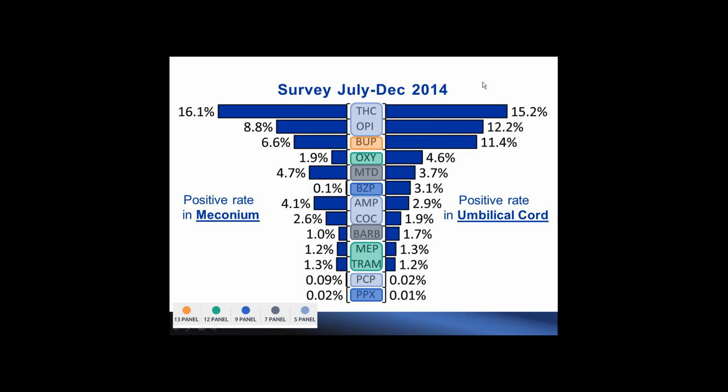The difference is that in meconium, we test for fatty acid ethyl esters, and there has been some literature showing that fatty acid ethyl esters do not necessarily form because the mother had been drinking during pregnancy.